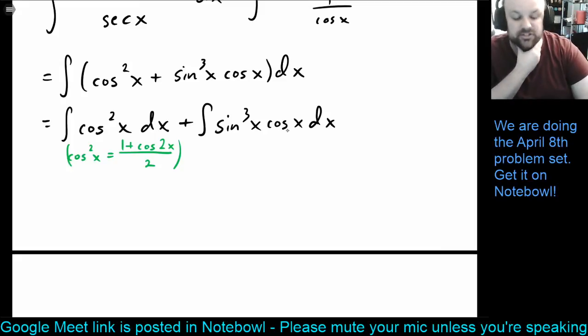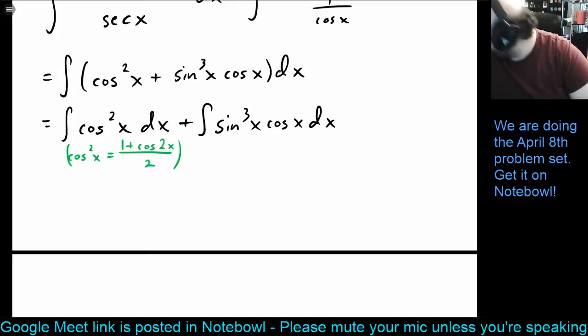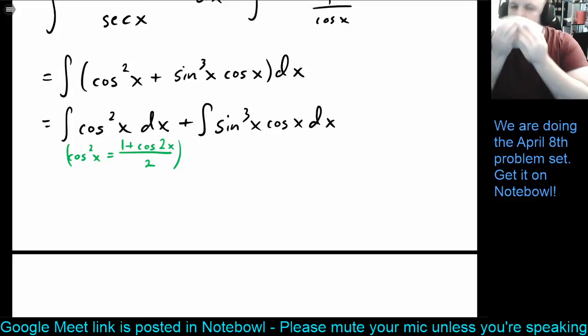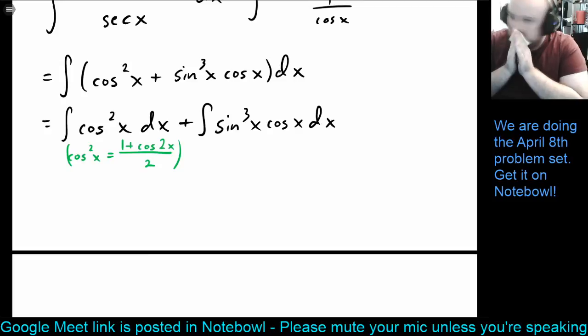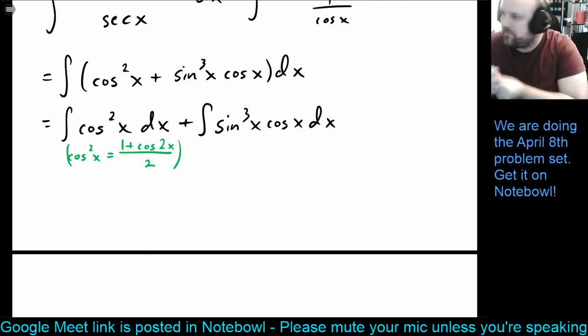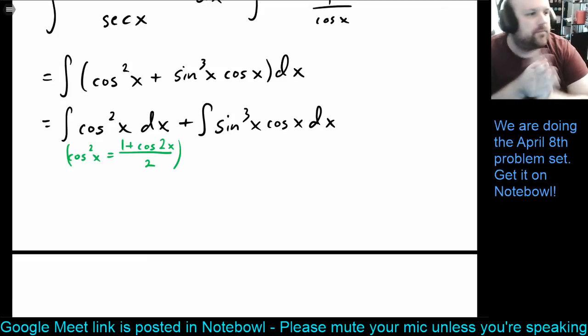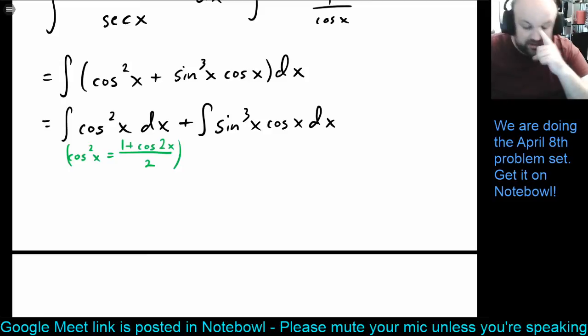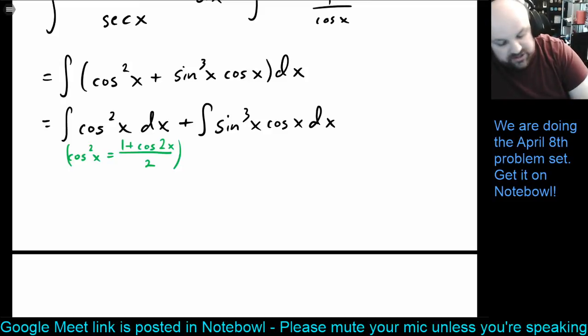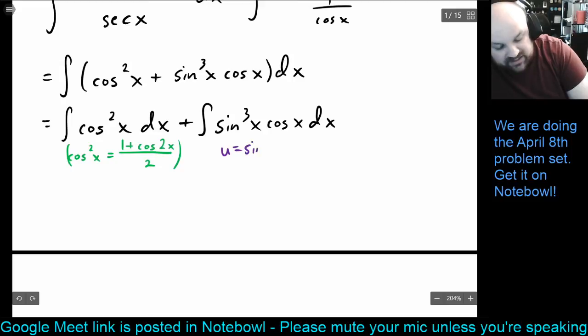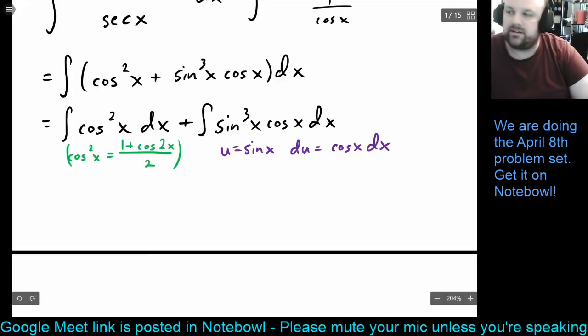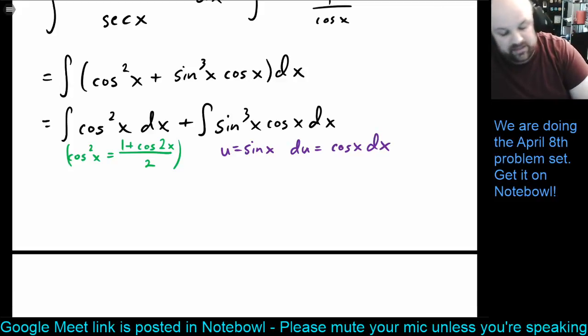That substitution has to be u equals sine of x, because then du is cosine x dx.